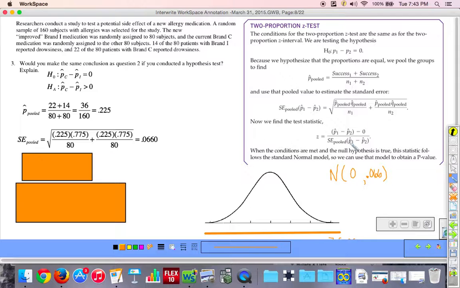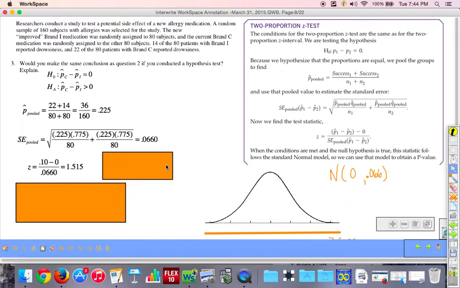We've calculated our standard error. I'm going to calculate the z-score because it makes so much more sense to me using my calculator with the z-score in this particular case. So calculating our z-score, and here you go. Gotta switch my pen. There we go. And here's our z-score. Our p-hat for brand C minus our p-hat for brand I was 0.10.